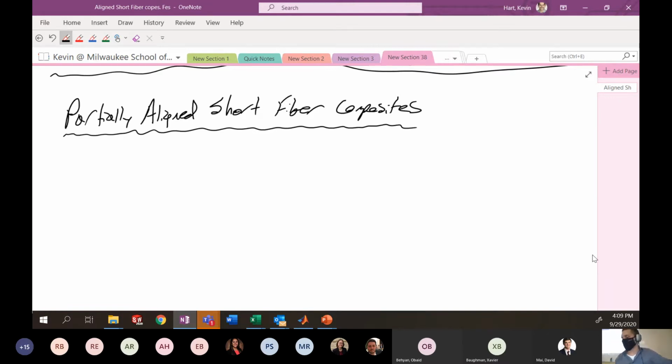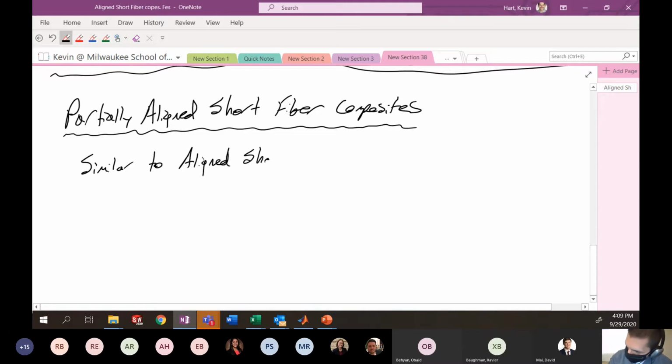Okay, so partially aligned short fiber composites. For the partially aligned short fiber composites, we're more or less going to use the same model as the aligned short fiber composites, except with another fudge factor, similar to, but with an alignment parameter.